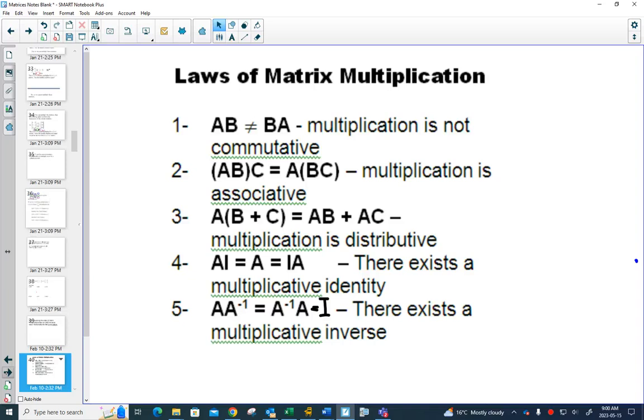There is no dividing in matrices, but there are inverses. So, for example, in matrices, 5 divided by 5 doesn't exist. But in matrices, 5 times 1/5 does exist. So we can multiply, but there is no matrix division.